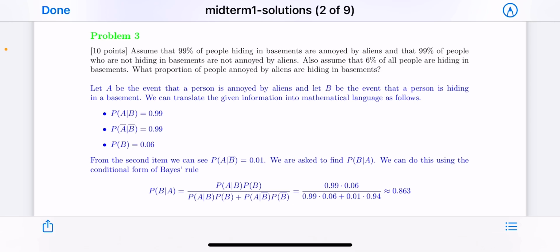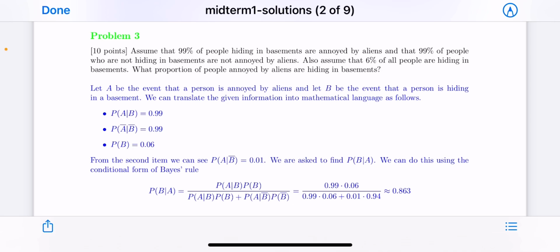It refers to the event that a person is annoyed by aliens and the event that a person is hiding in a basement. So we can translate the information given in the question into mathematical language based on those events.